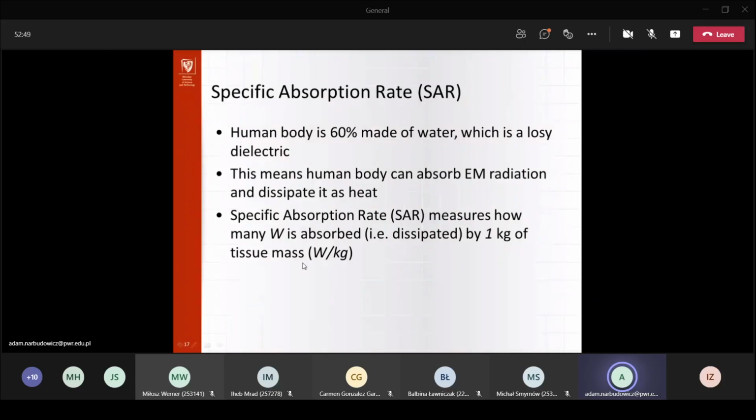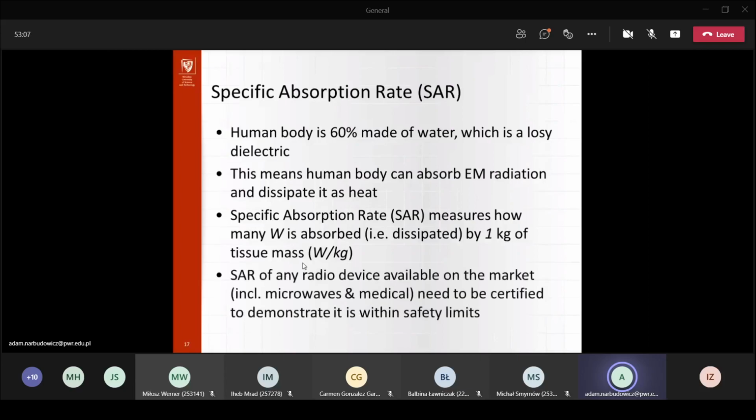Okay, and when we speak about tissue, we most commonly think about human body, human tissue, but obviously that can be any live being, right? So you will have a similar metric for animal specific application.